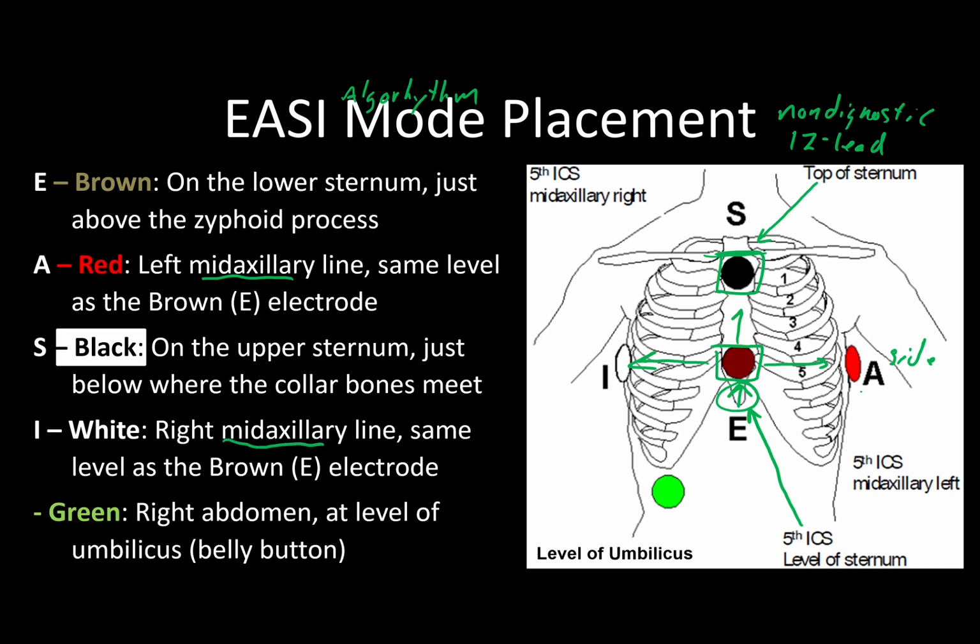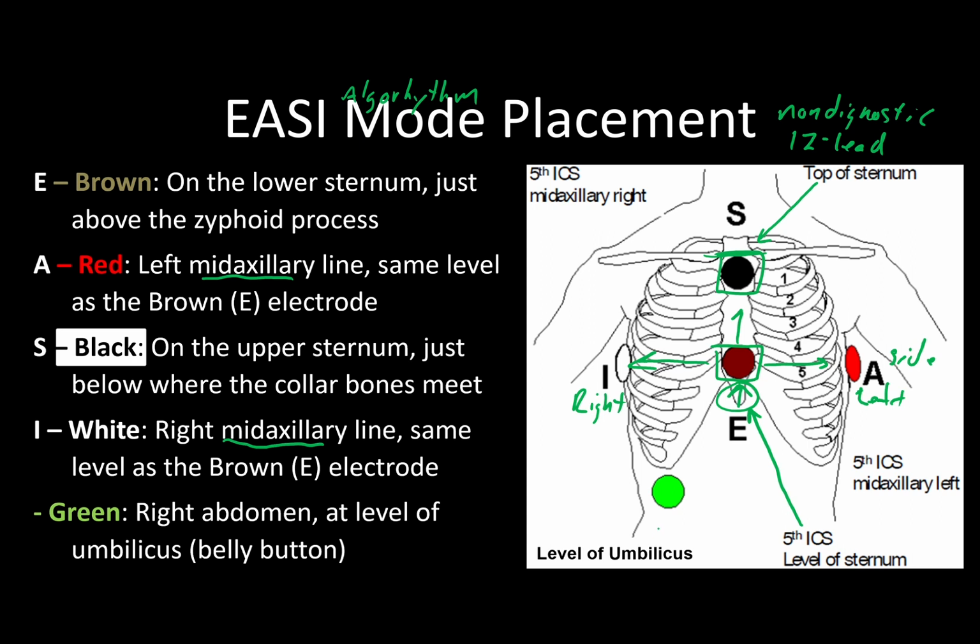Now your red is still on the left side of the patient, and your white is still on the right side. And what that does is essentially create an upside down T, and that's what the algorithm is able to use to come up with its representations.